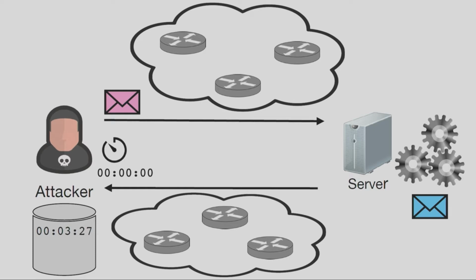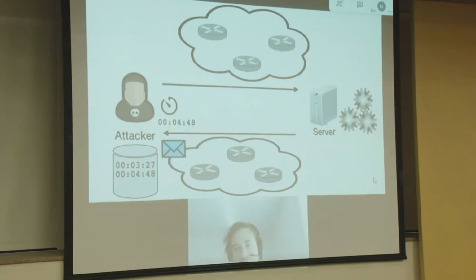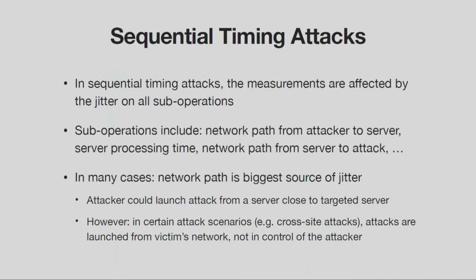For instance, we do another request, and you can see that it was hanging a bit in the third node of this path to the server. As a result, the request now took a bit longer to process. Here it was 4 seconds, 48 milliseconds.